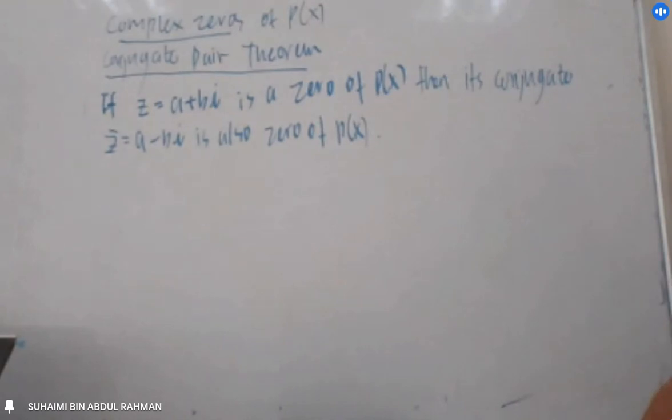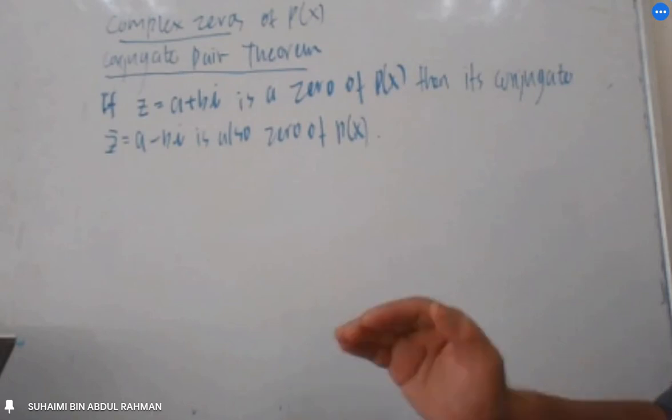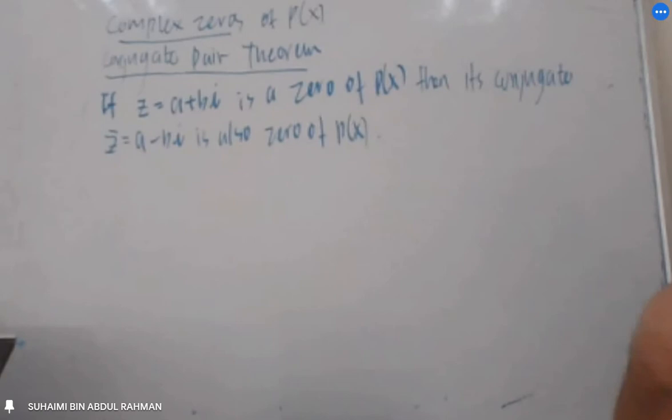How many zeros did that polynomial have?